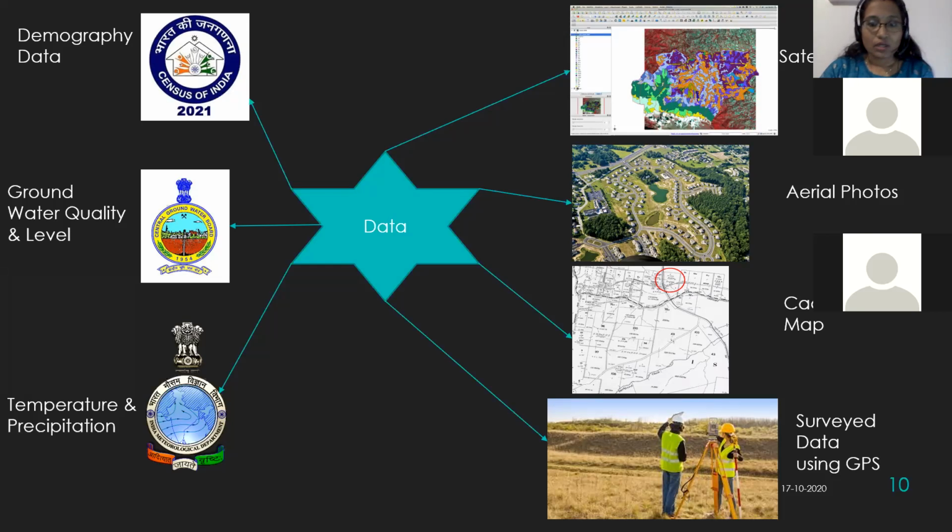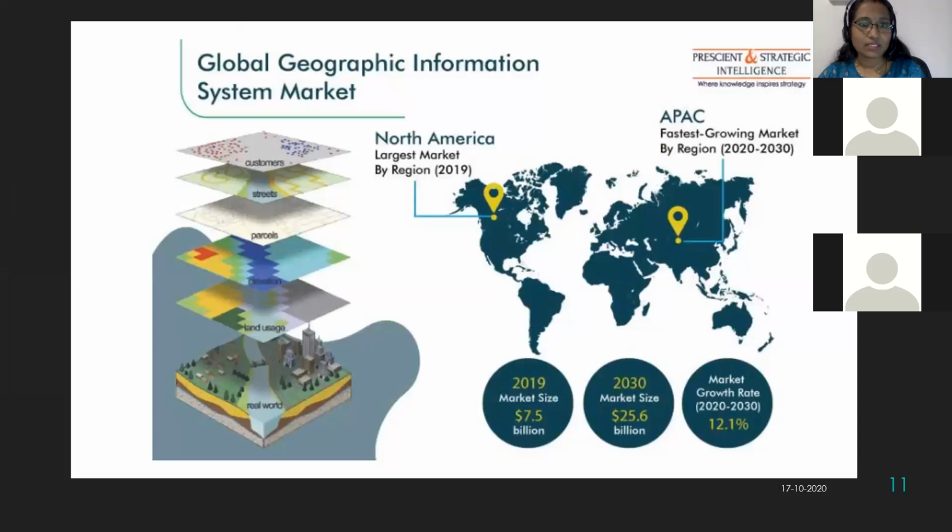Next, I have found a new slide which shows how this geographic information system is increasing day by day, how the market size is growing, and why we are giving so much importance to this particular field. You can see that in 2019 the market size was $7.5 billion.